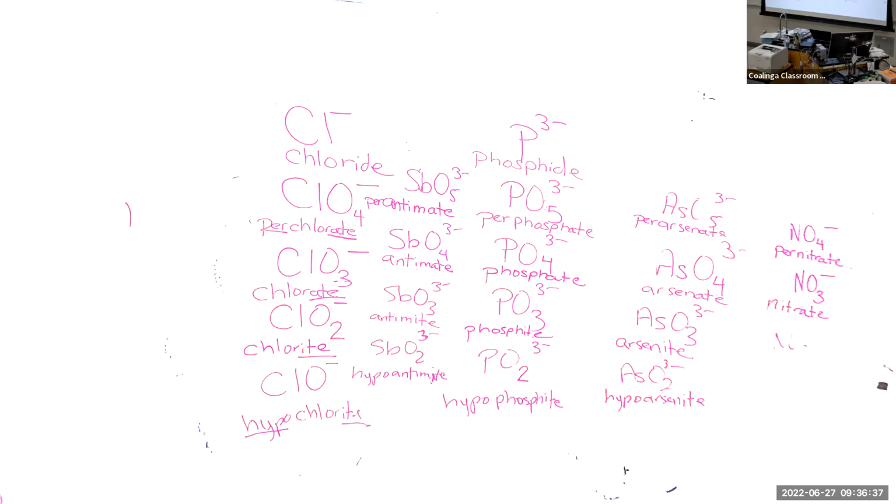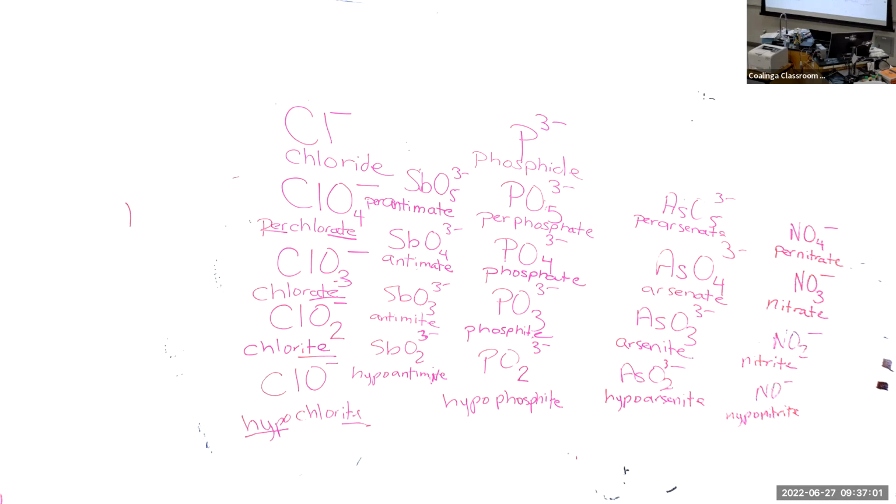NO2, minus. By any chance, will it go down more? Usually hypo is the lowest it'll go for oxyacids, because then they don't become stable.